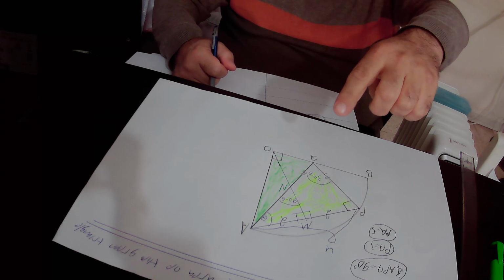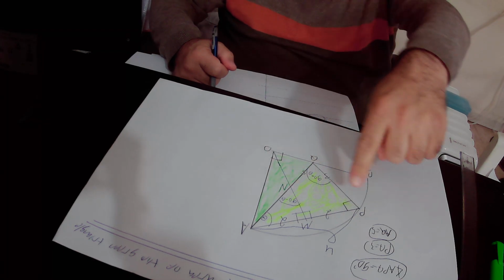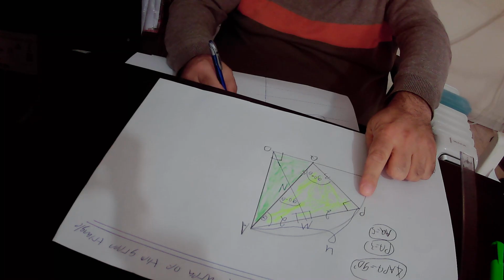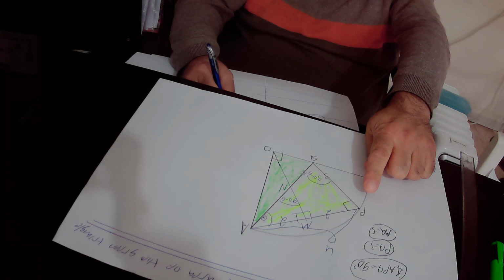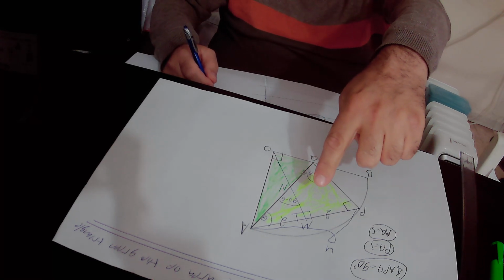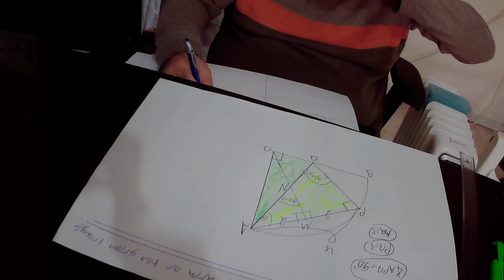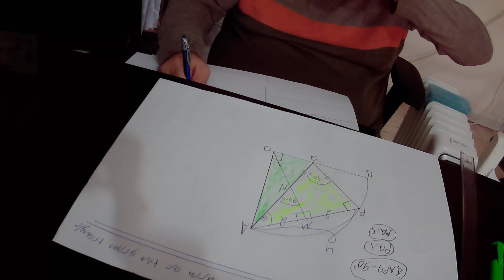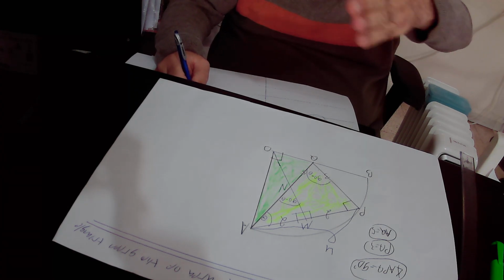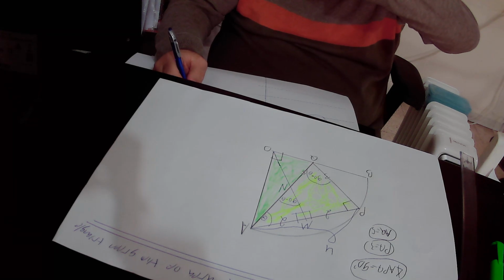Angle theta that belongs to the big triangle can be called angle PAQ. Angle theta that belongs also to the small triangle can be called angle MAN.